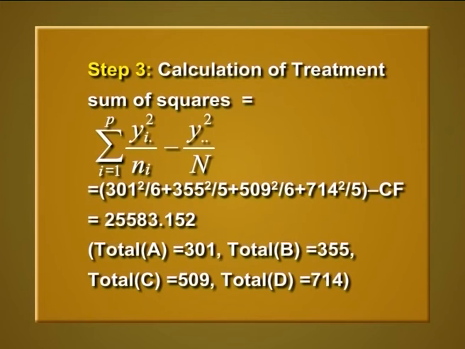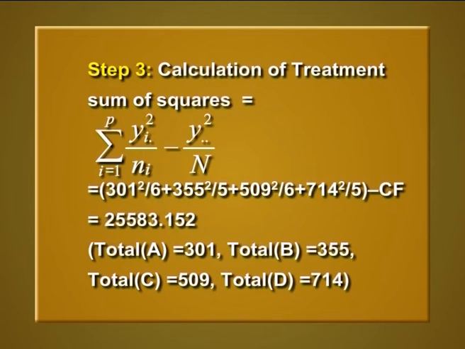37,793.318. Step 3. Calculation of treatment sum of squares. First, you compute the totals of each treatment, that is the first treatment total is 301, the second treatment total is 355, the third treatment total is 509 and the fourth treatment total is 714.